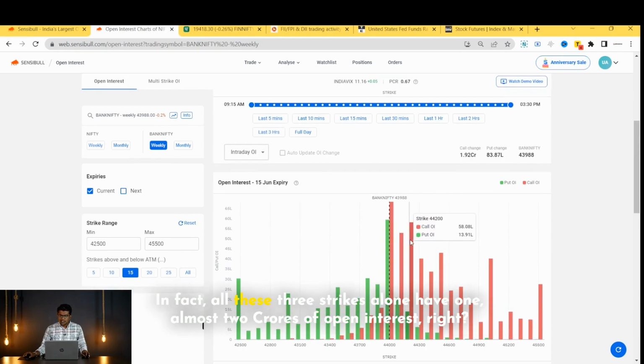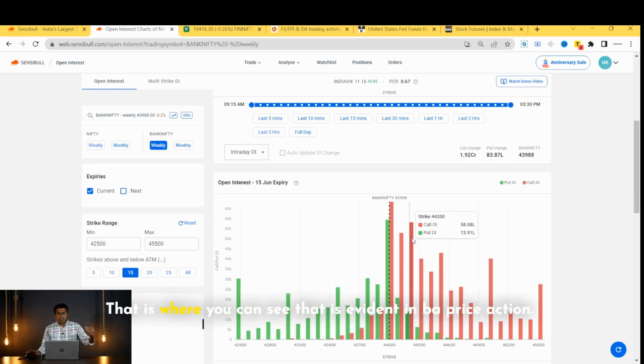In fact, these three strikes alone have almost 2 crores of open interest, right? That is evident in the price action, that Bank Nifty was not able to move above 44,000. It was trying all day long, but it was not moving higher.